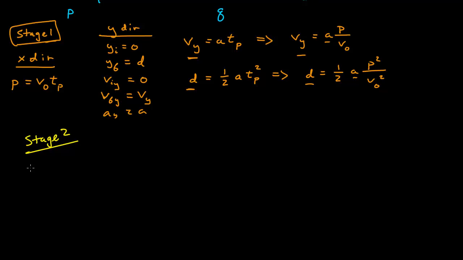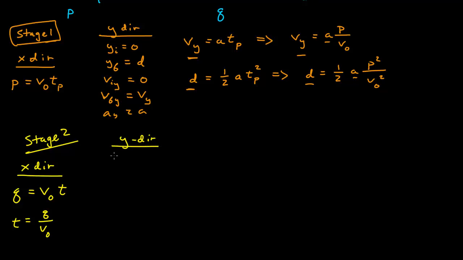So in stage 2, again, the x direction does not change. It goes a distance q, equal to its x component of the velocity times time. In the second stage, the time, just called t, is equal to q over v naught. Now in the y direction, we have to be careful.